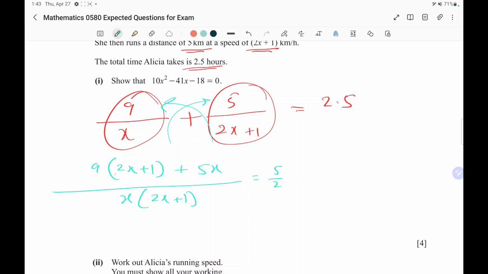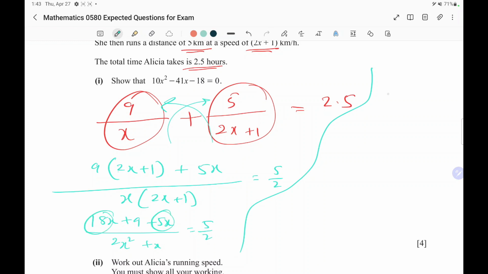Now here we get 9 times 2, that's 18x, plus 9 plus 5x over 2x squared plus x equals 5 over 2. Now 18x plus 5x is 23x plus 9 over 2x squared plus x equals 5 over 2.